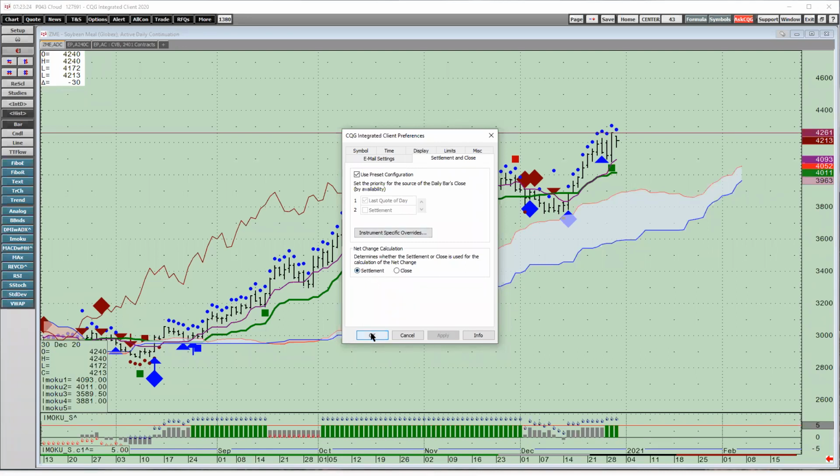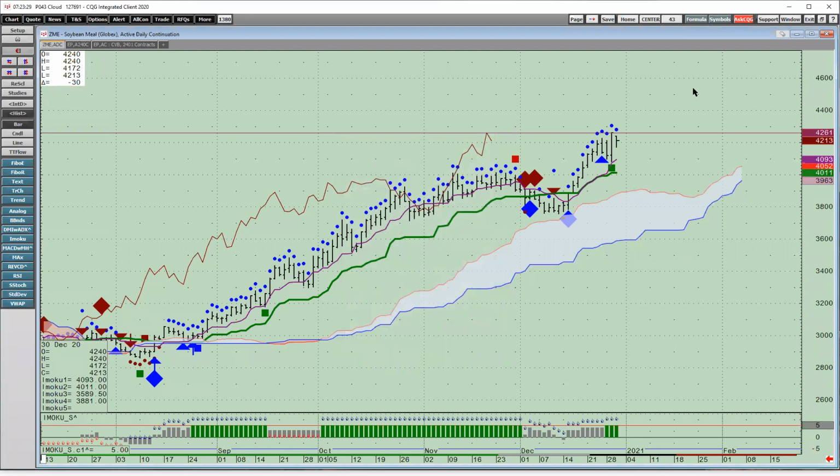The reason I bring that up is if you're looking at crude oil, for example, it settles at, if I go to Eastern Standard, I apologize, about 1:30 Central, and it trades till 4 o'clock. So if you're looking at settlement, you're looking at what it was doing at that point in time, not what it was doing at 5 o'clock. Gold falls into that same category.